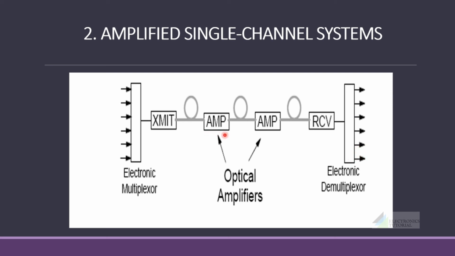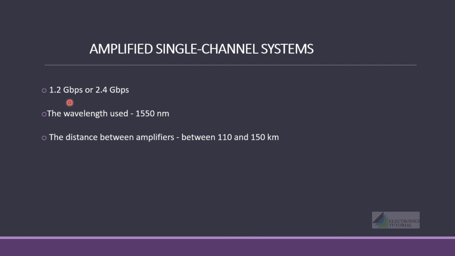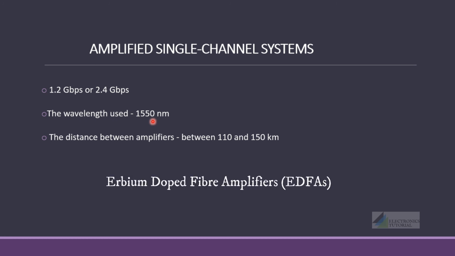And to amplify the signal in between the links, here we are using amplifiers. Its characteristics can be mentioned as 1.2 gigabits per second or 2.4 gigabits per second, that is, the data rate is higher. The commonly used wavelength is 1550 nanometer, and the specialty of this wavelength is that optical fiber amplifier EDFA or erbium doped fiber amplifier is available for this wavelength.